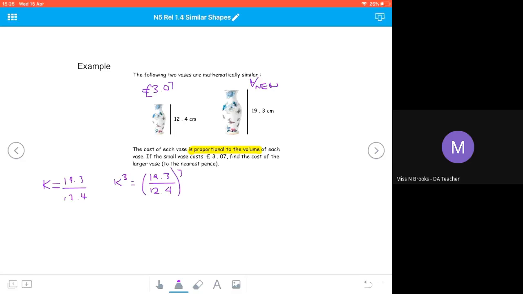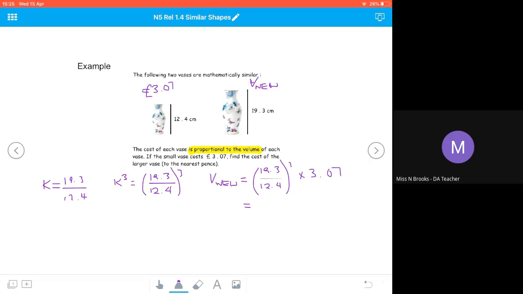Don't round that decimal. Use the answer button on your calculator, or you can just put that K cubed into your calculator as part of you working out what the new price is going to be. So I'm going to put into my calculator 19.3 over 12.4 cubed, and I'm going to multiply that by the £3.07.